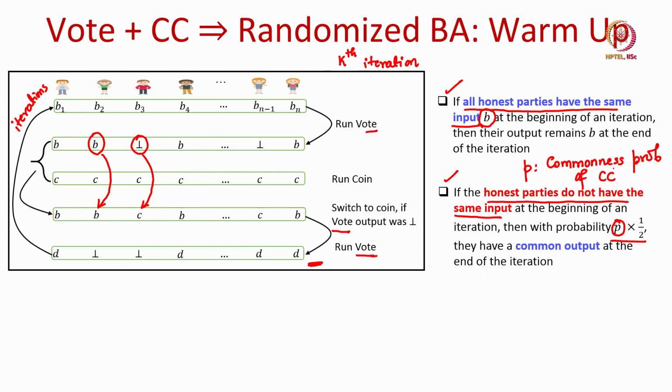That means, with probability at least p, all the honest parties have a random and a common bit during the instance of the coin primitive.